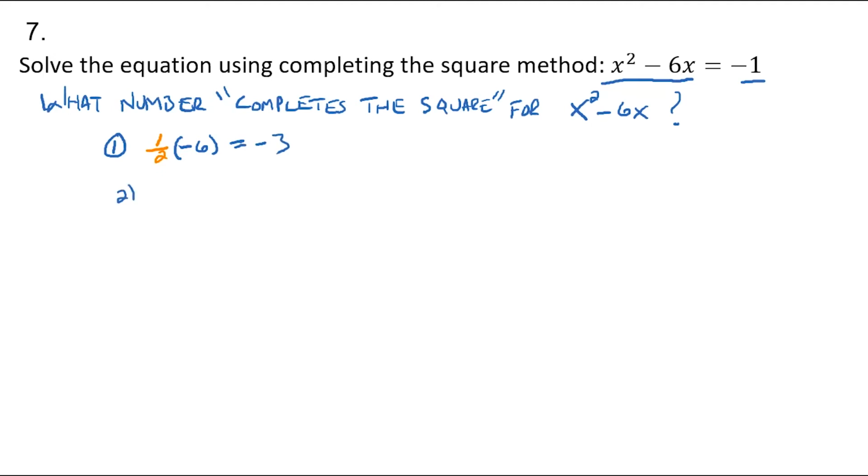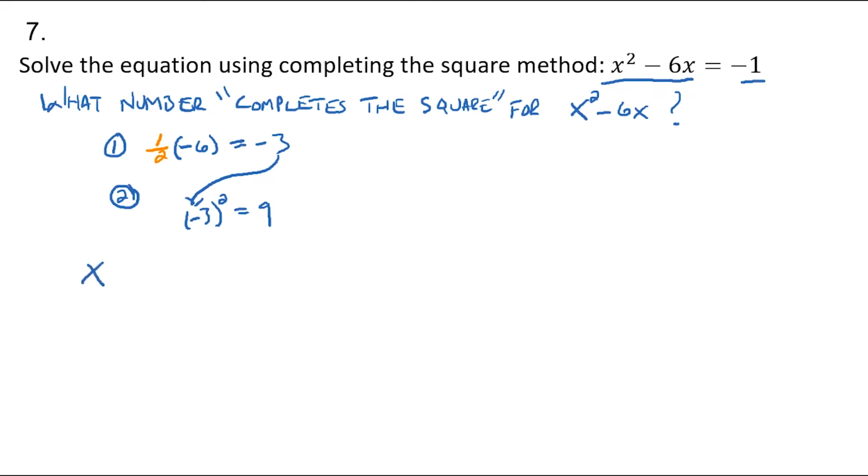The next step is to take the result of step 1, in this case -3, and square it. And that results in +9. So now we're going to add this value to both sides of our equation, the way it's written.